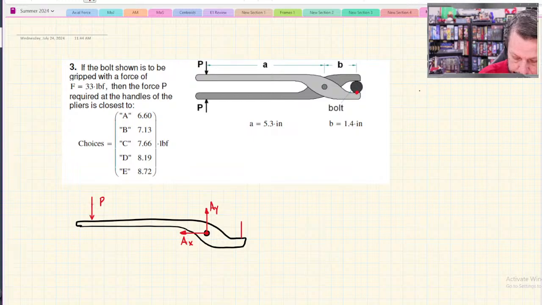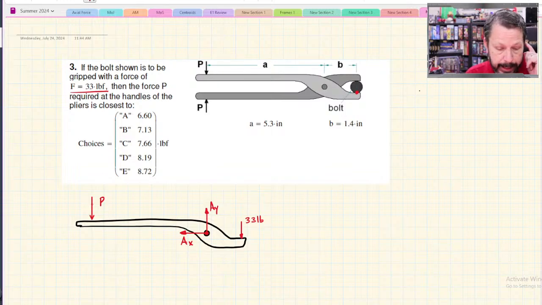And so there's some kind of force there. It says the bolt shown is to be gripped with a force of 33 pounds. Then the force P required at the handles of the pliers is closest to.